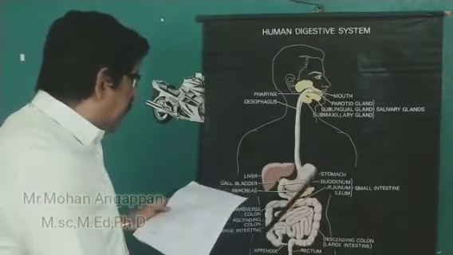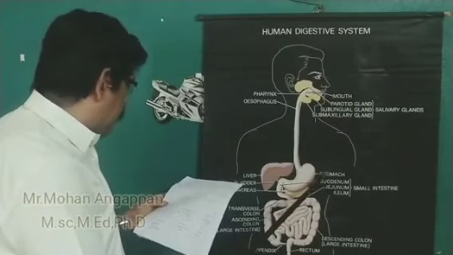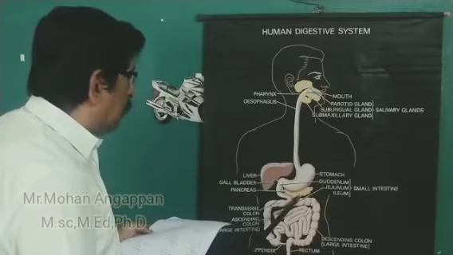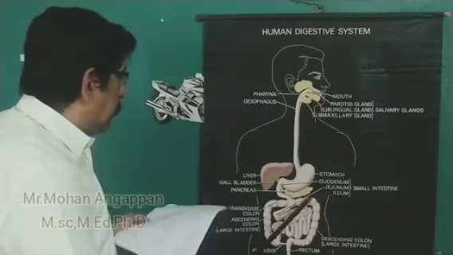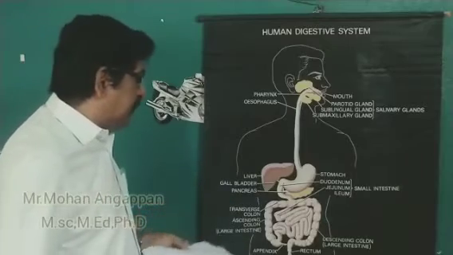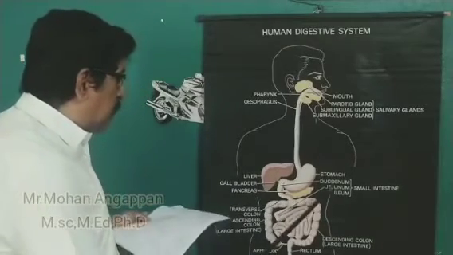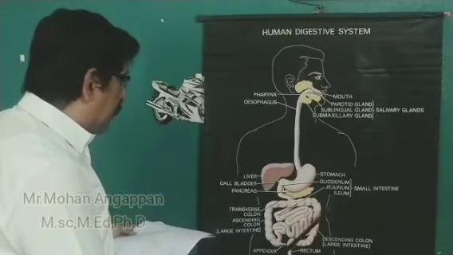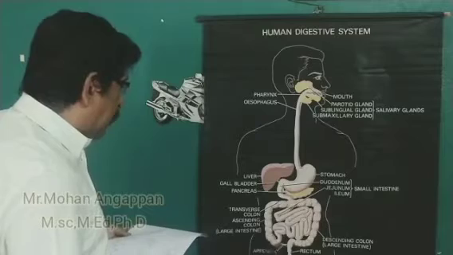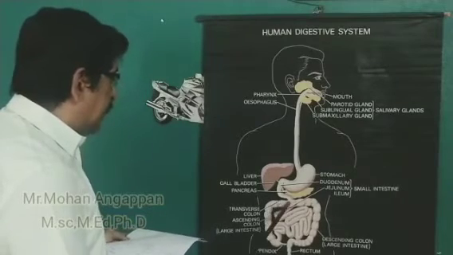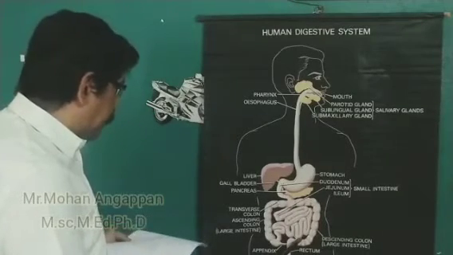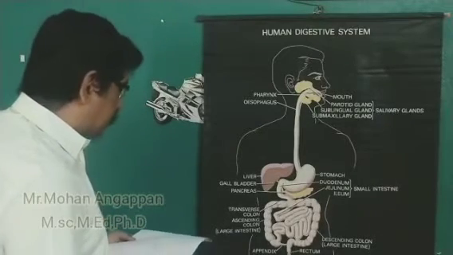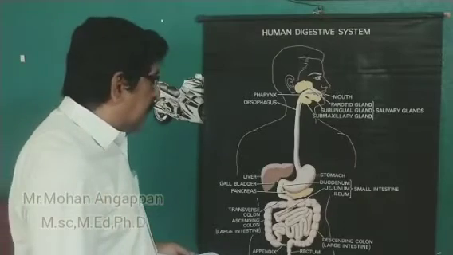Next is the midgut, which consists of the stomach and intestine up to the colon, the midgut or mesenteric region. The third part is the hindgut or proctodeal region, which consists of the colon, ascending, transverse and descending, the rectum and anus.